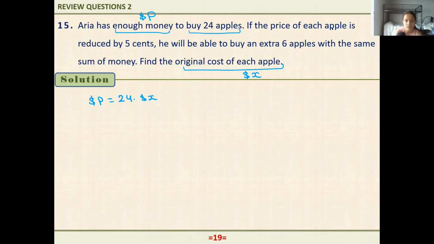If the price of each apple is reduced by 5 cents. Okay. So first I need to change, since everything is in dollars, or should we write this in cents? Okay, doesn't matter. Instead of dollars, let's say she has P cents.